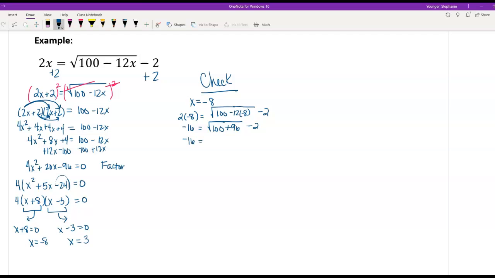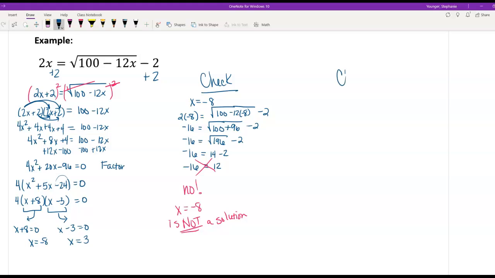Negative 16 equals the square root of 196 minus 2. Negative 16 equals 14 minus 2. Negative 16 equals 12. Wait a second. Does negative 16 equal 12? No. So x equals negative 8 is not a solution.